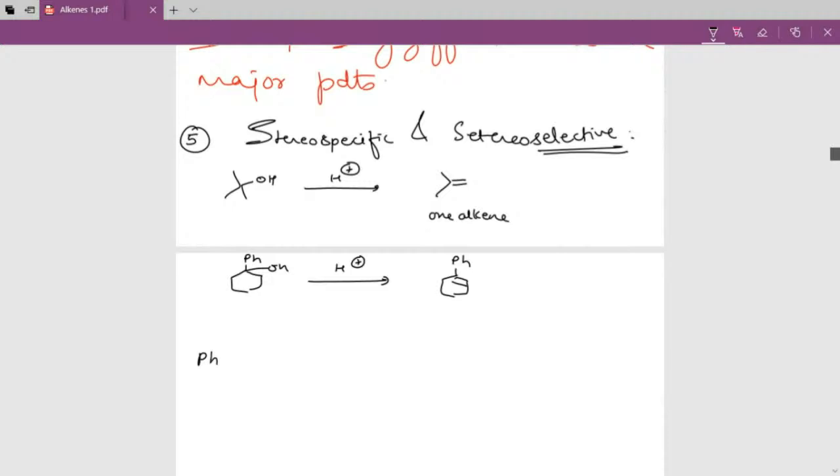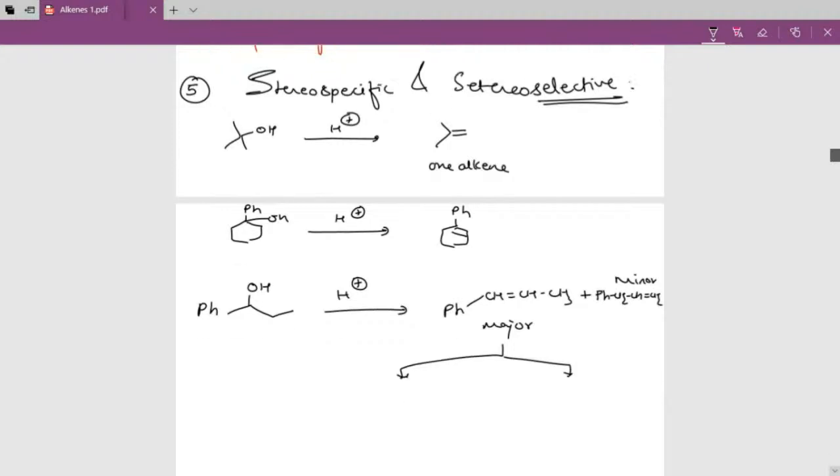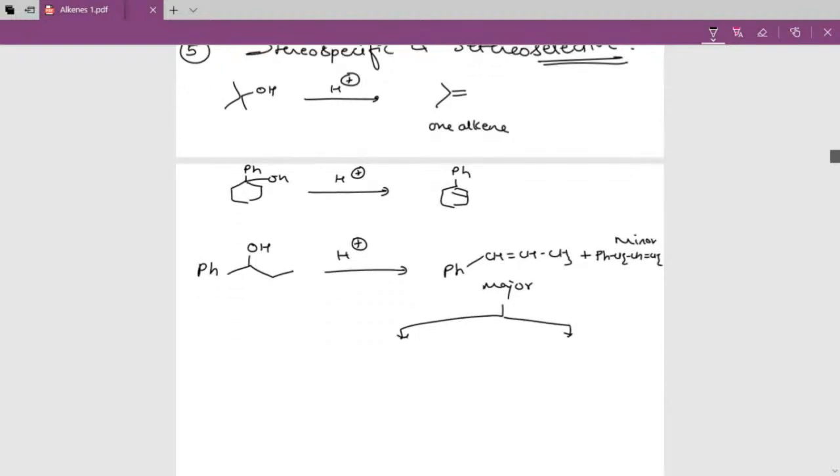Coming to stereoselectivity, see this one. If I dehydrate this, certainly by regio choice, this is going to be my major product. The other one is very less, minor. This is going to be major. But amongst this, there are two possibilities. Why? Because this molecule can have the E isomer of alkene and the Z isomer of alkene.